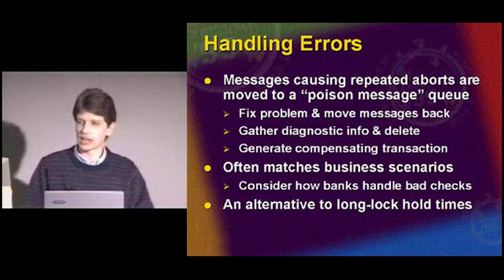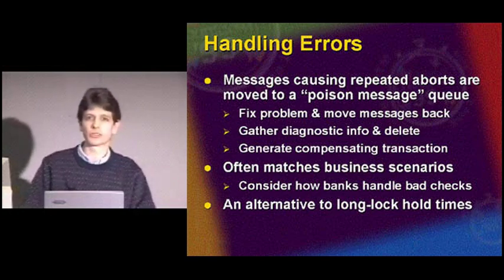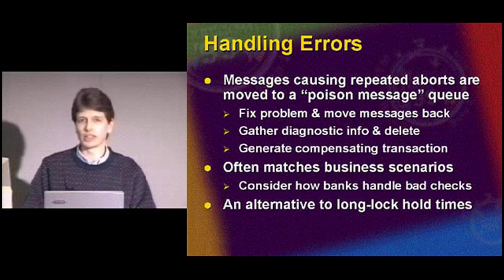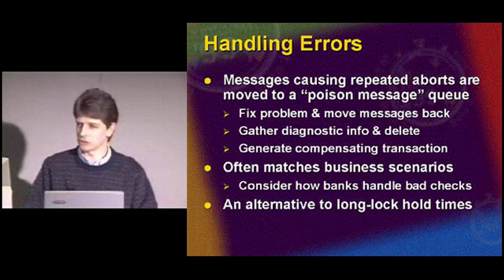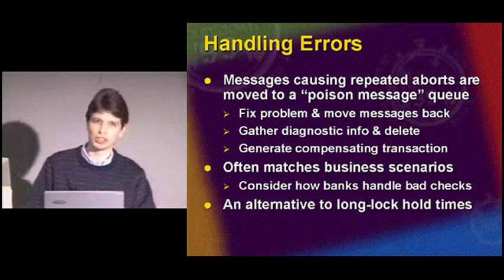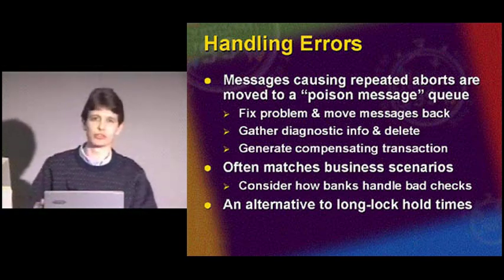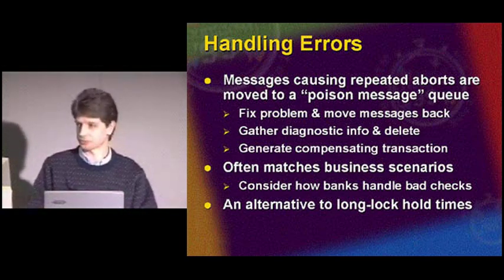So we need some mechanism where these messages can be handled. Normally when a message aborts, it will be put back on the queue. But that means that if a message continually aborts, we end up with a message sitting at the top of the queue which continually aborts and is in the way of processing normal messages.